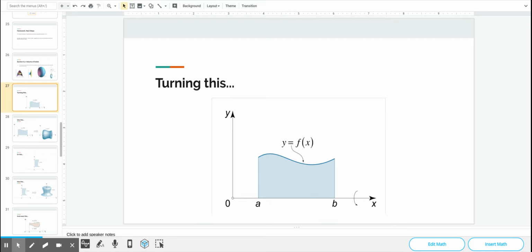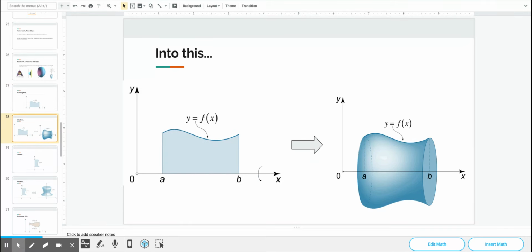We're going to take these regions, these areas underneath a curve, and turn them into something that looks like the figure on the right-hand side. What I've done is taken this region and rotated it about the x-axis, and that has created a solid figure.